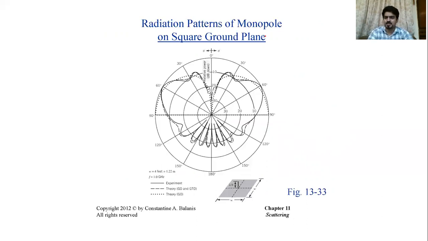And when we add all these four fields, as a result of the diffraction you can see these back lobes. Notice that these levels are somewhere around minus 15 dB.